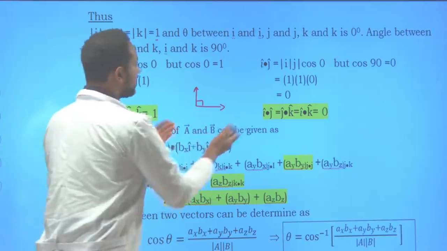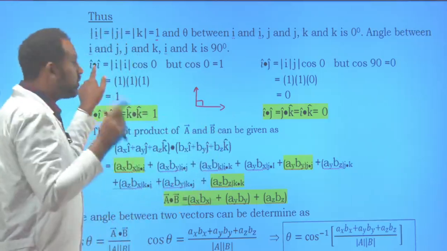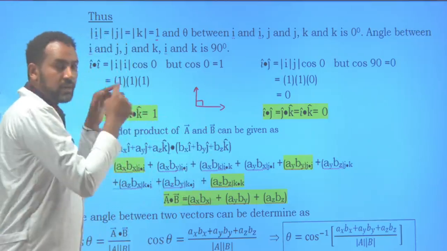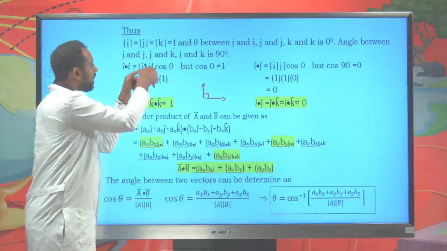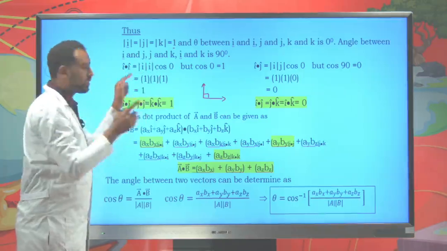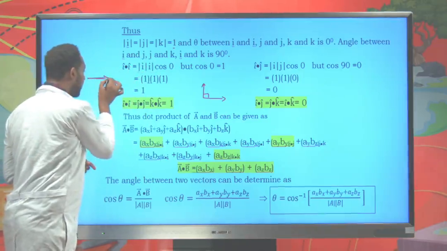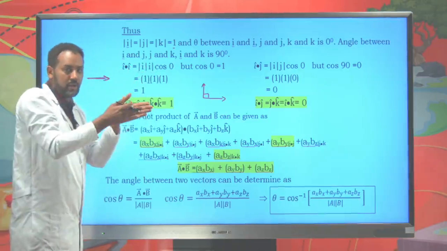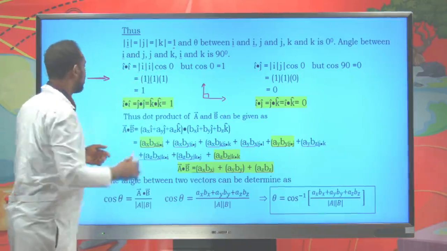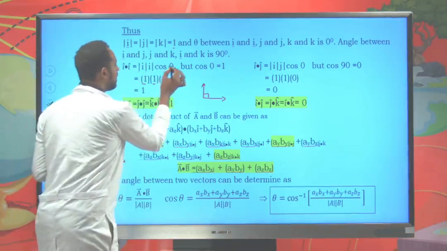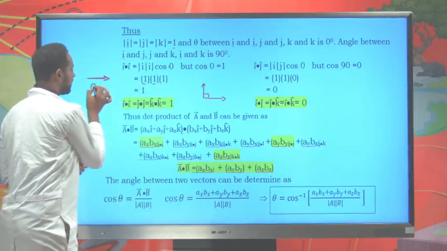So let's determine i dotted with i. It is the magnitude of i, times the magnitude of i, times the cosine of the angle between them. i acts along the x-axis and the other i also acts along the x-axis, so they overlap and the angle between them is 0.